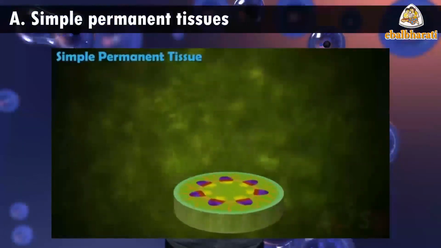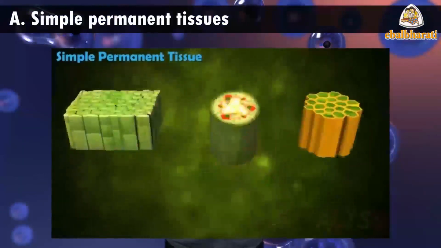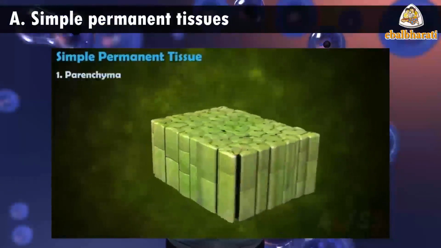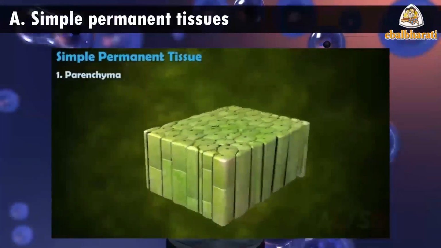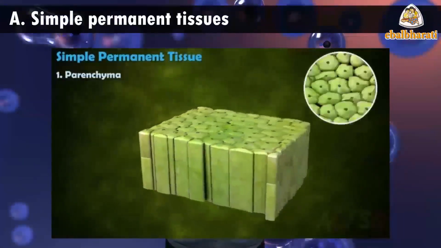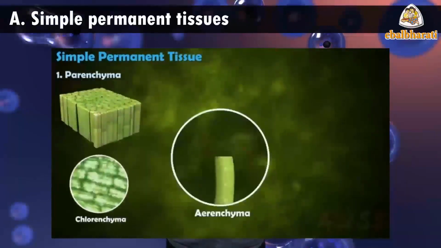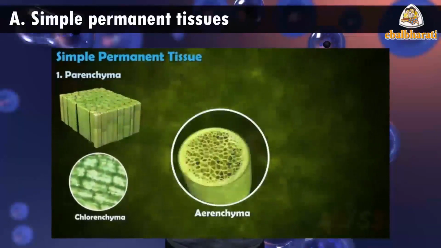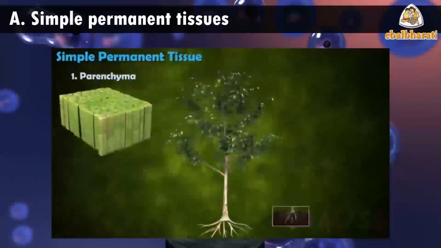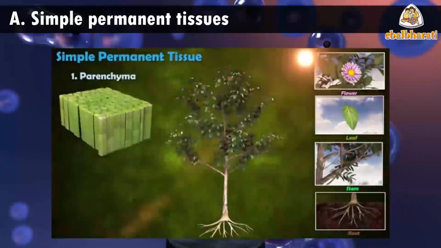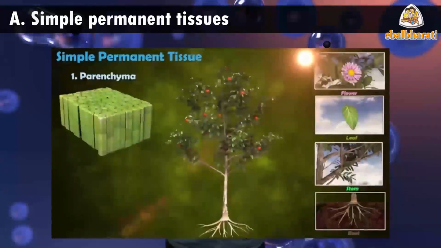Cells in this tissue are thin-walled, isodiametric, round, oval to polygonal or elongated in shape. Cell wall is composed of cellulose. Cells are living with prominent nucleus and cytoplasm with large vacuole. Figure 8.3 denotes simple permanent tissue.